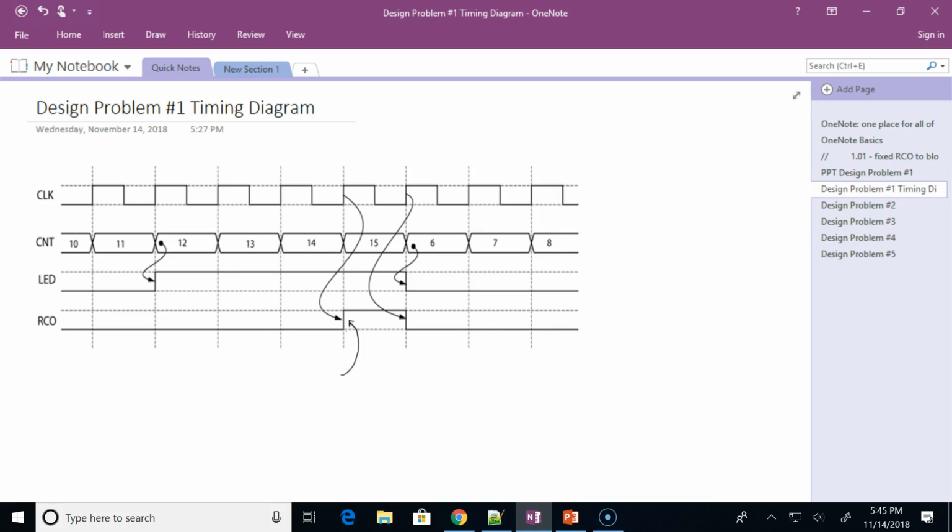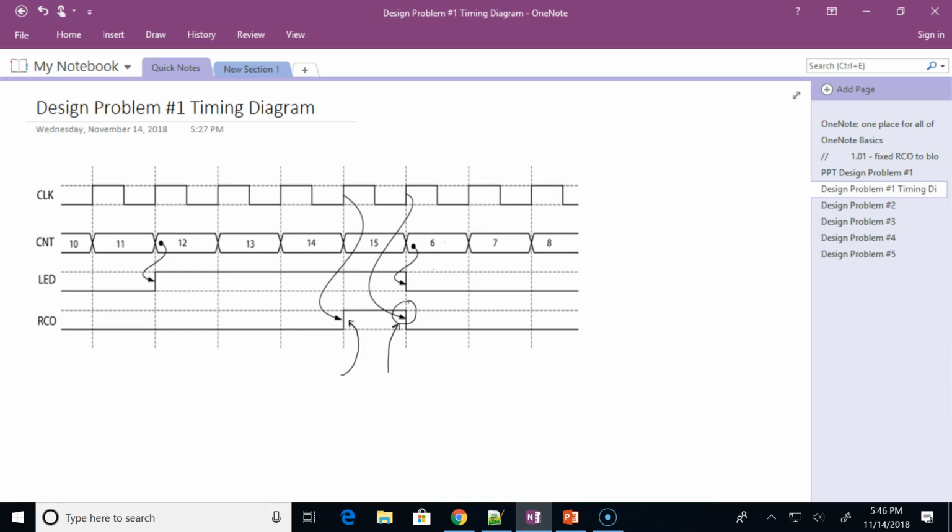But since the load input is a synchronous control input, it's not going to take effect until the next clock edge. This is the next clock edge. So it's this signal connected to the load that's going to cause the loading of the value of 6 there. And that, folks, is the first example of how this counter works.